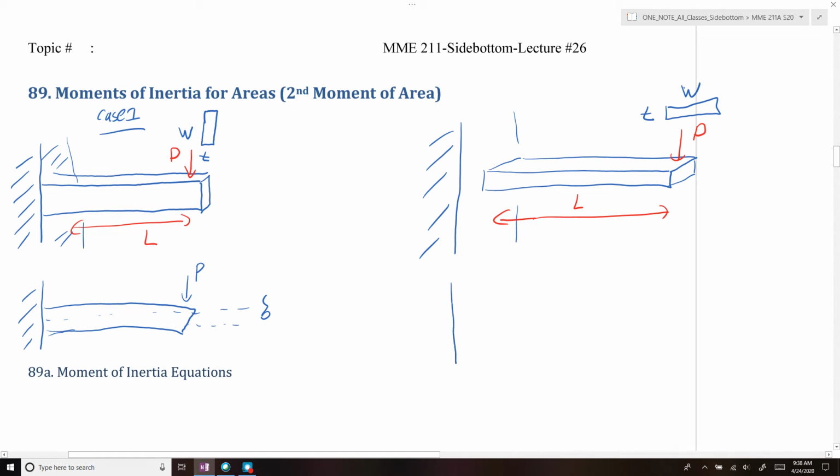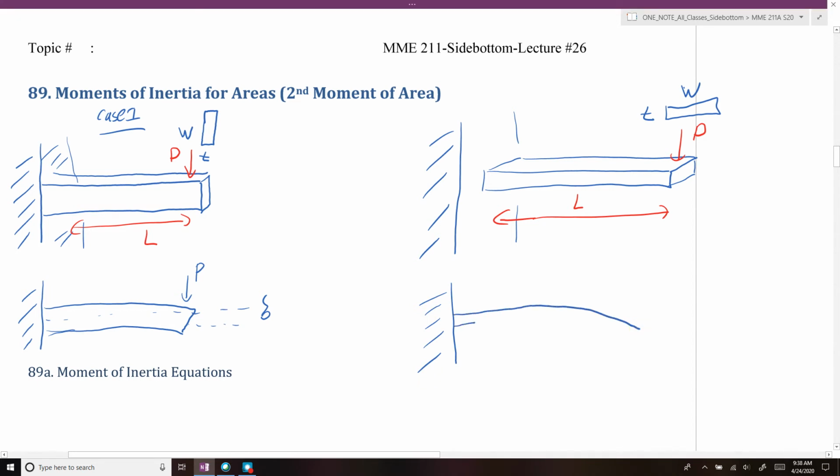For our second case, our deflection is going to be a lot larger due to that applied force.